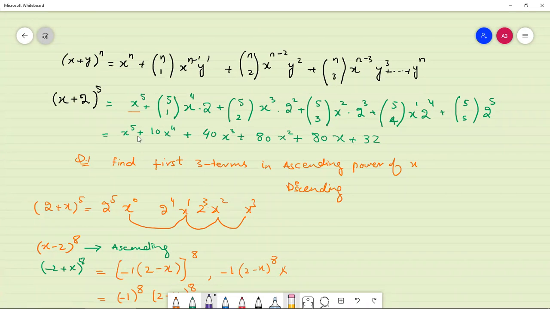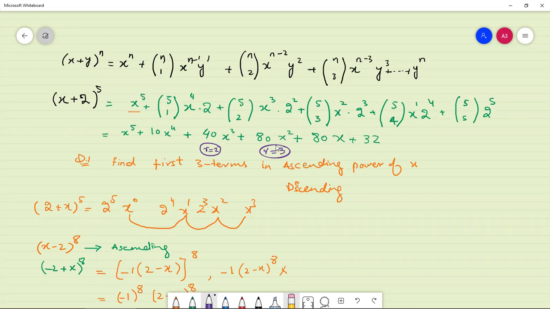Looking at where x occurs: 1, 2, 3, 4, this is number 4, the fourth term, so the value of r is 3. Got it? Here the value of r is 3. If we ask to find the coefficient of x cube, it occurs at number 3, and here the value of r is 2.